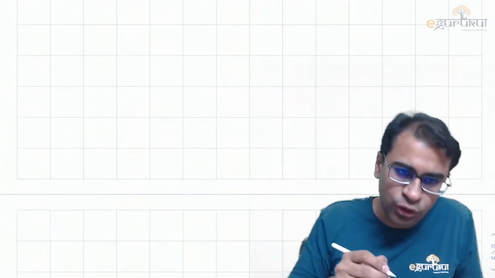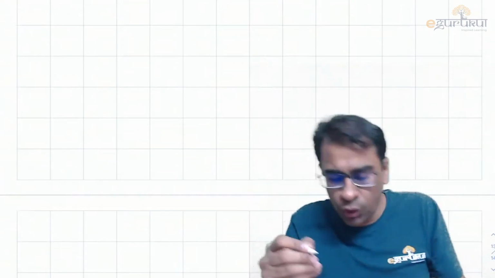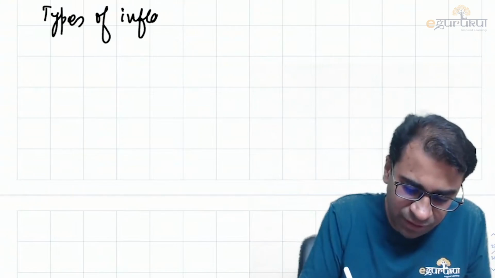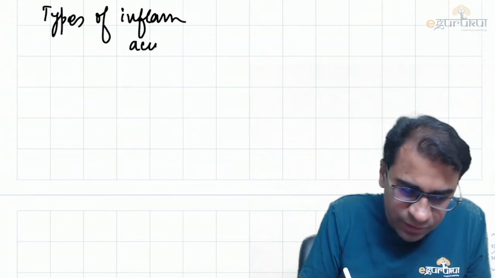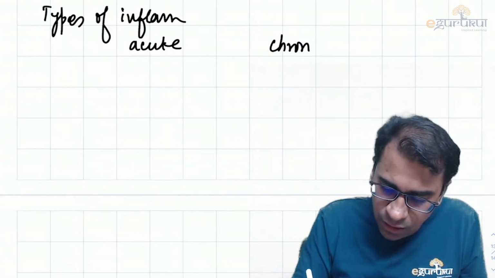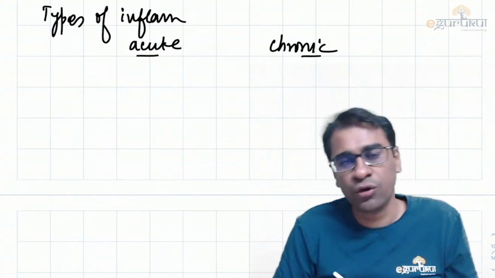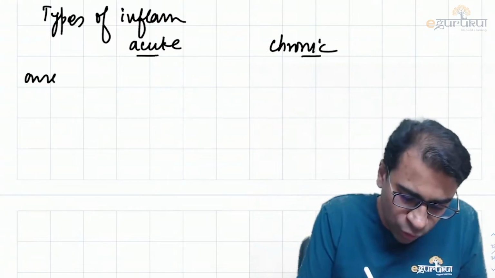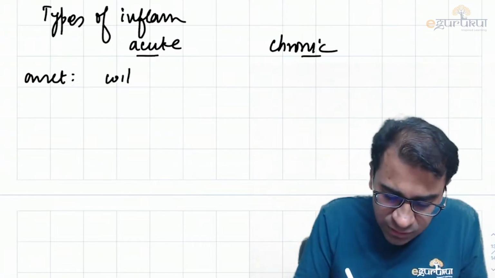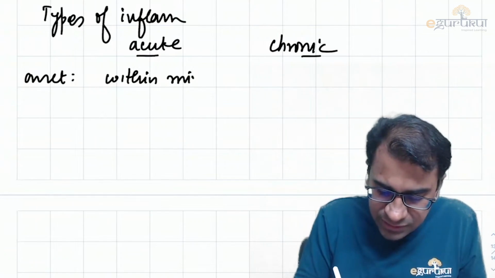Clear? Now, types of inflammation. As you all know, it can be acute inflammation or chronic inflammation. The onset of acute inflammation is within minutes.